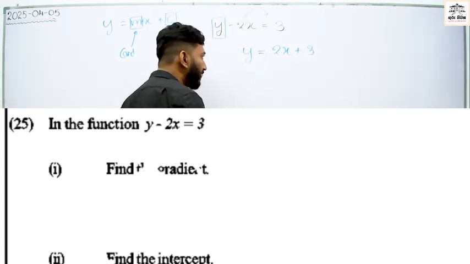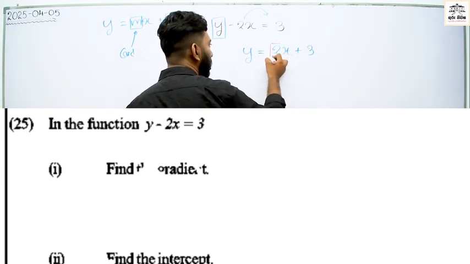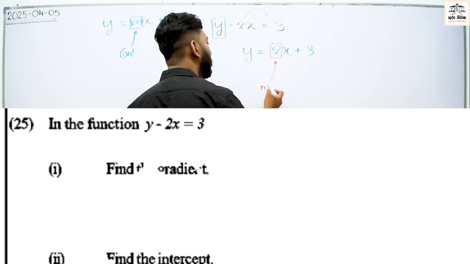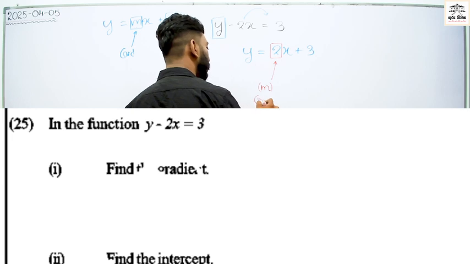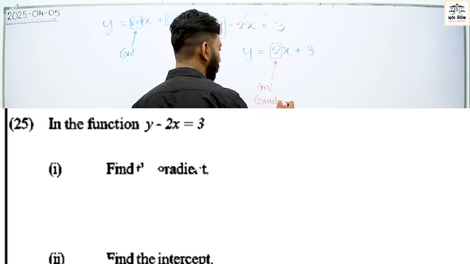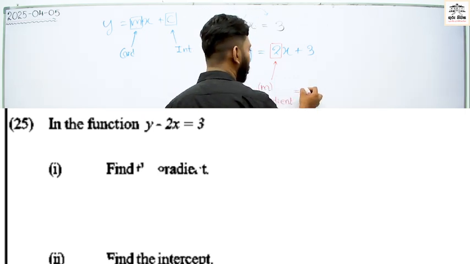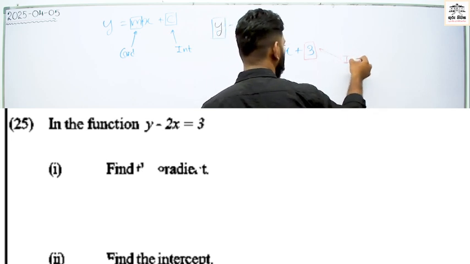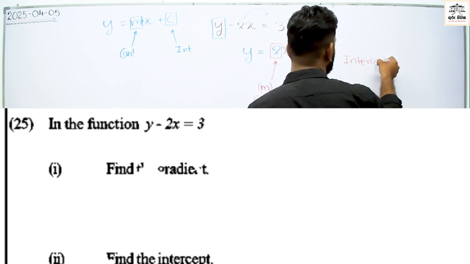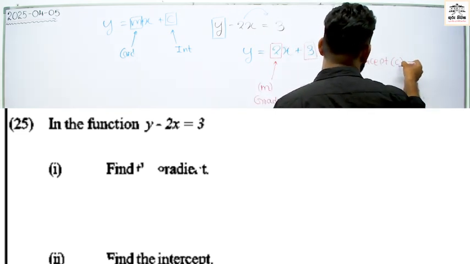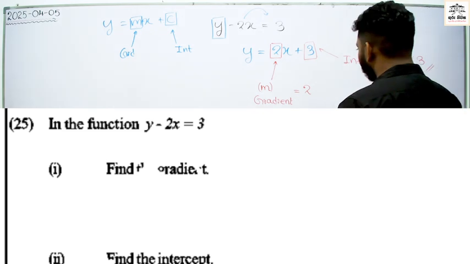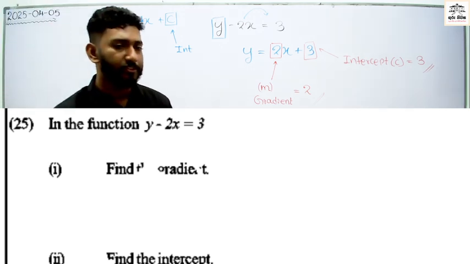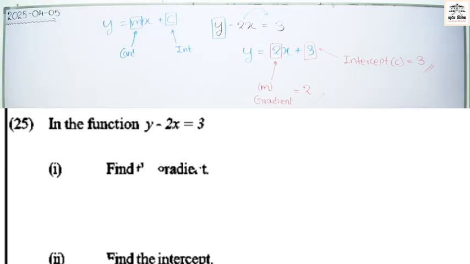The coefficient of x becomes the gradient, m, which should be 2. And the intercept we call c, and that must be plus 3. Easy. Gradient equals 2 and the intercept equals 3.